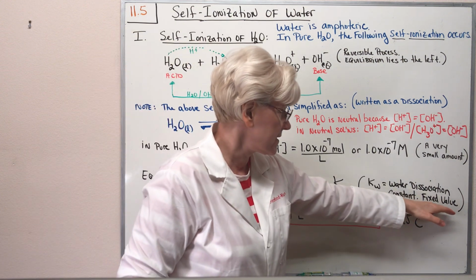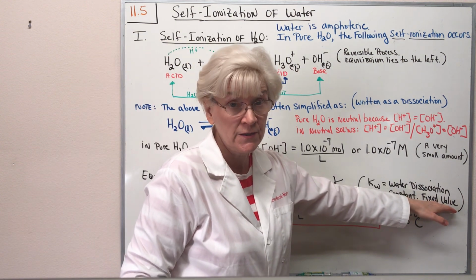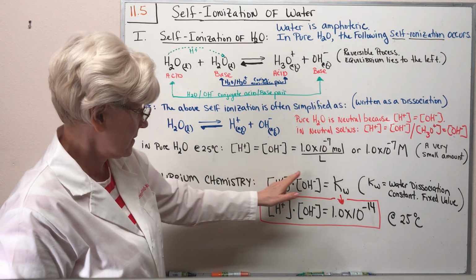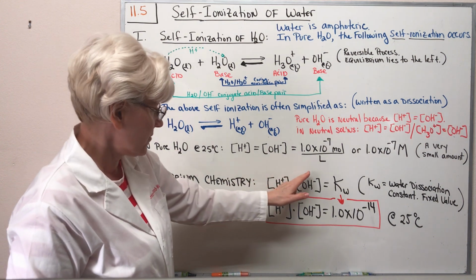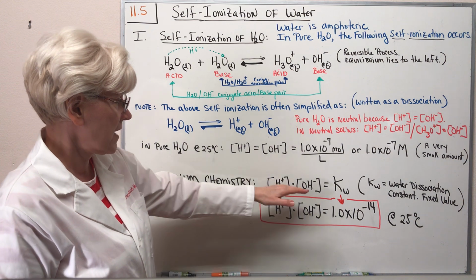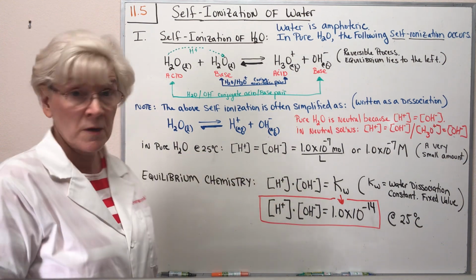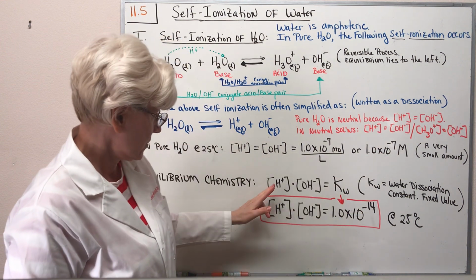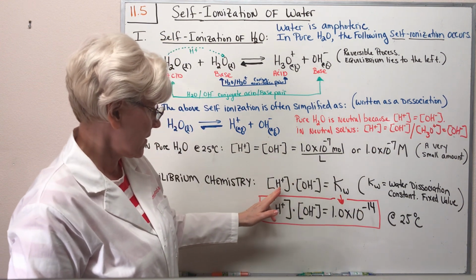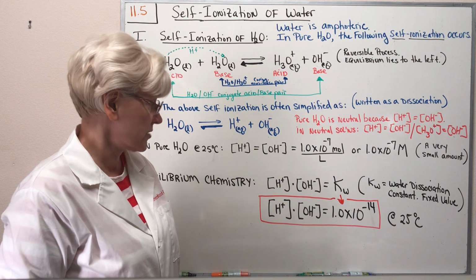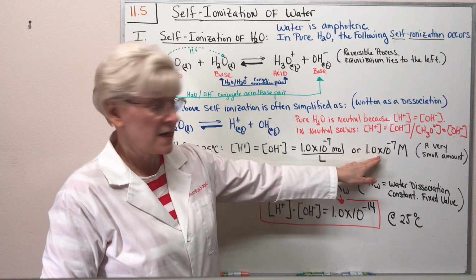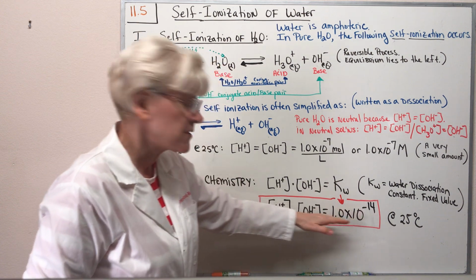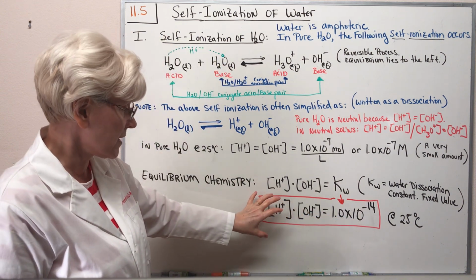Because it is a constant, it is a fixed value that does not change. Well, we just discussed what the hydrogen ion and hydroxide ion concentration is at 25 degrees Celsius. We know that value, so we can plug in for the concentration of hydrogen and hydroxide 1 times 10 to the minus 7 molar, and that gives us this very important equation.